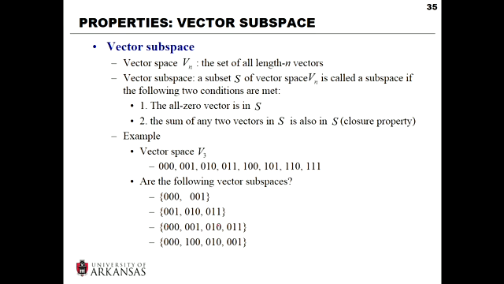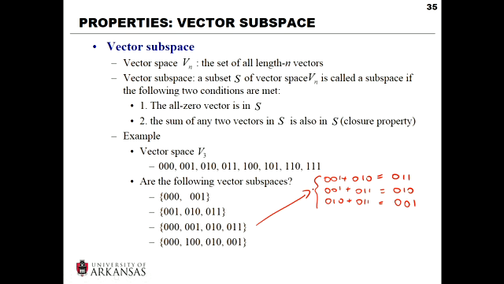So 001 plus 010 will be 011, which is in the subset, which is fine. And then 001 plus 011 is going to be 010, which is here. That's fine. And the last, 010 plus 011 is going to be 001, which is here. So that's a linear block code. That's a subspace.